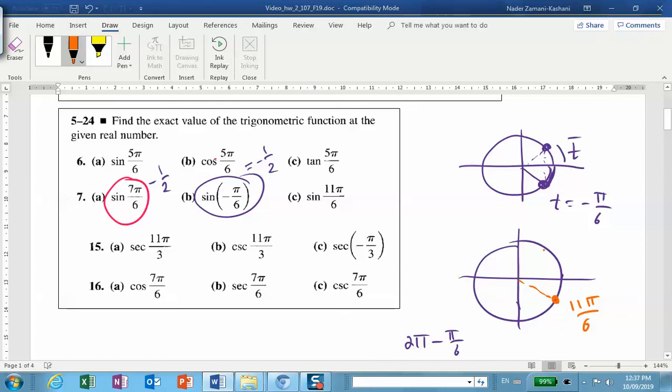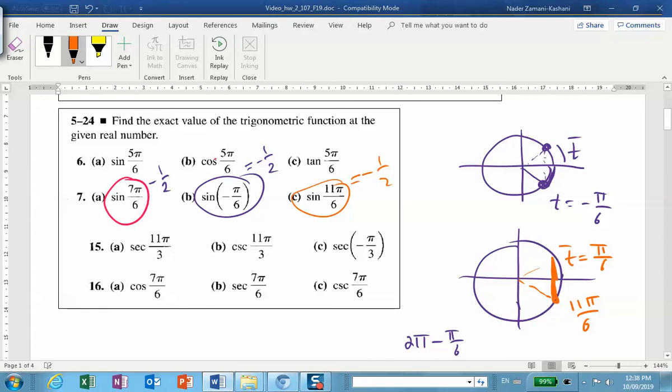You went one full 2 pi, and then you backed up. Of course the reference number for 11 pi over 6 is still pi over 6, and we know everything about pi over 6. So this is also a minus half, because for pi over 6 the value of sine is 1/2, and therefore for the actual value, 11 pi over 6 is negative of that.